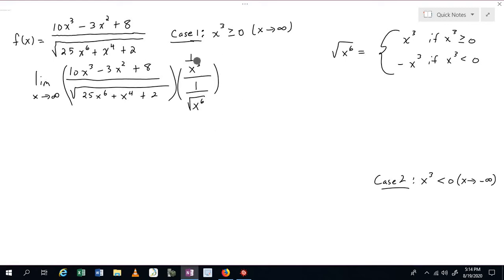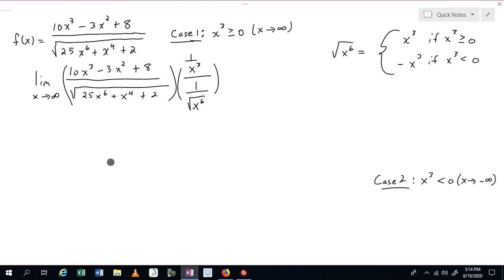And so when I write this out, this bottom piece is really the same as 1 over x cubed, and this is equal to 1. I'm multiplying this function by 1, which is perfectly fine because it doesn't change the value of the function. It only changes the form.